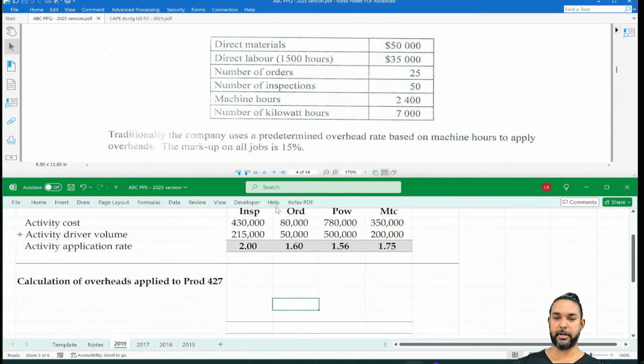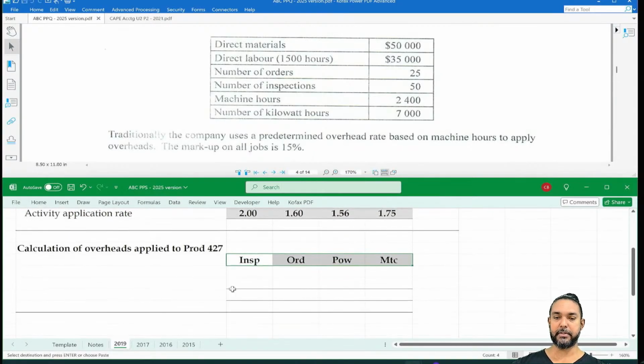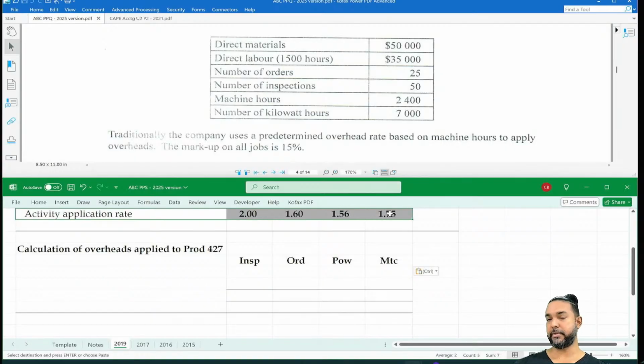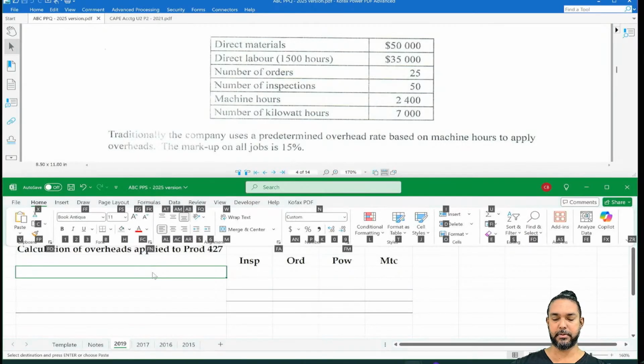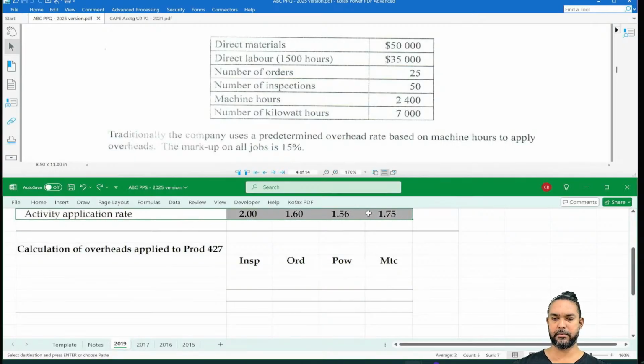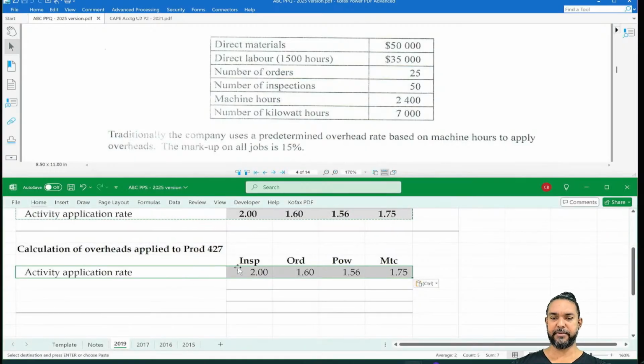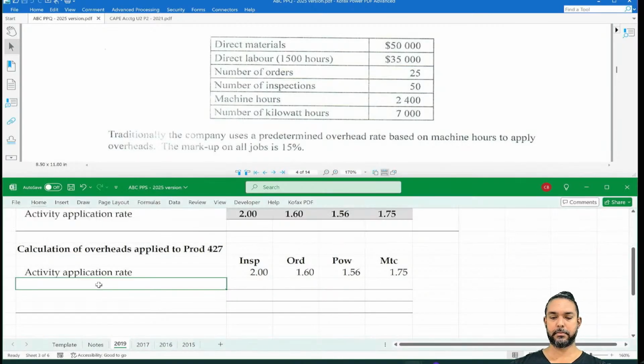All we're doing is taking the same activities and the rates, and we're going to multiply those rates by whatever the volume of the activity is for product 427. The activity rates were $2, 1.6, 1.56, and 1.75, and we are multiplying these by the activity volume.